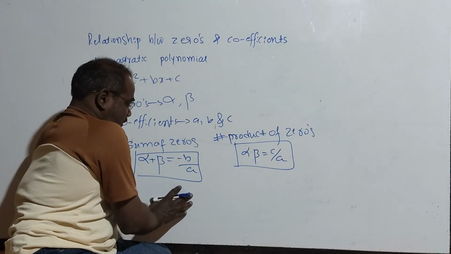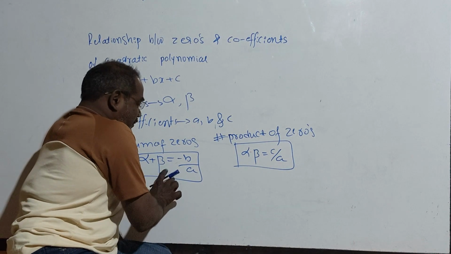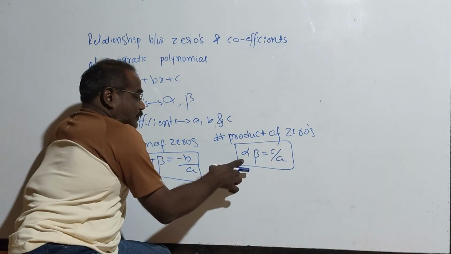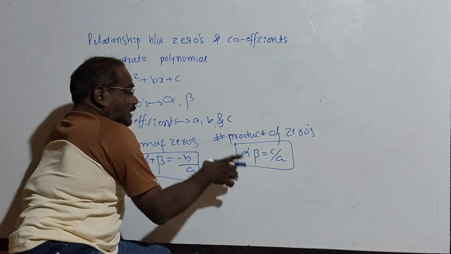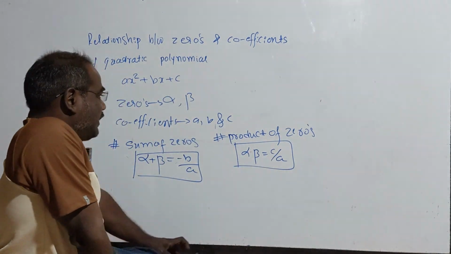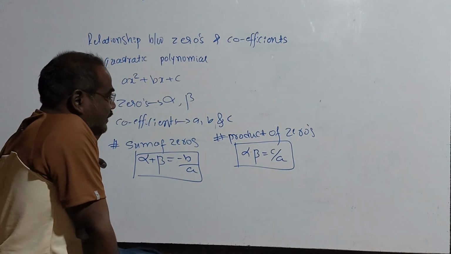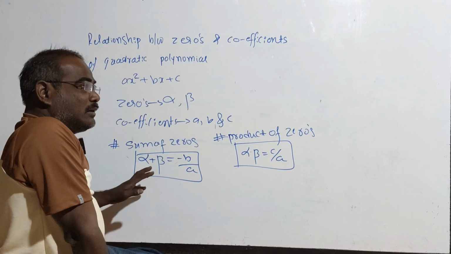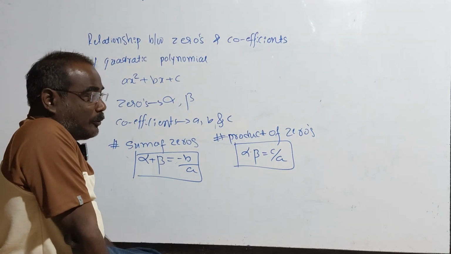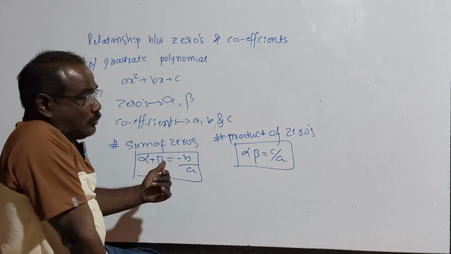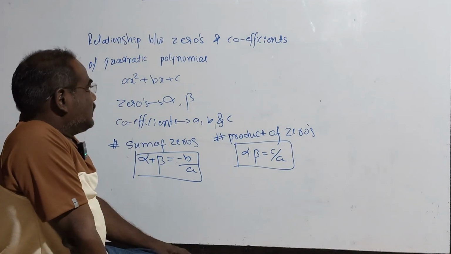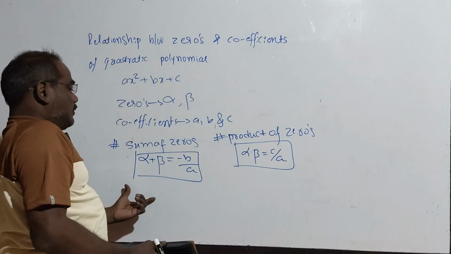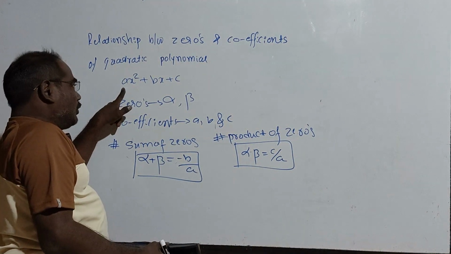You need to understand. Okay, the sum of zeros of a quadratic polynomial is always minus b by a. Product of zeros of quadratic polynomial is always c by a. Okay, by understanding this, after this we will go to the formation of quadratic polynomial by using the formula what I noted in the last class. This is a quadratic polynomial.